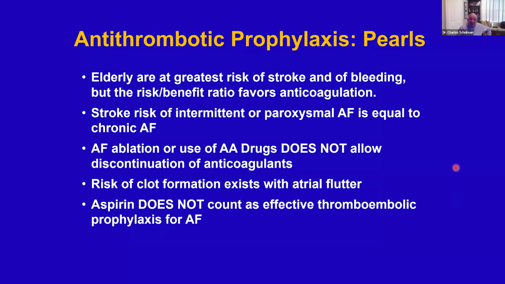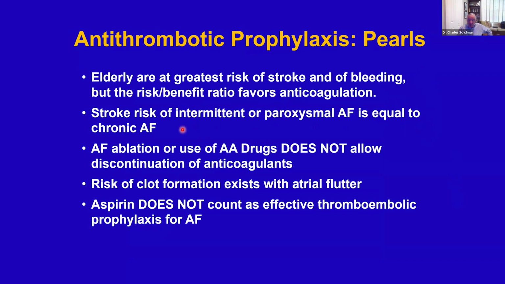A few comments, pearls about antithrombotic prophylaxis. The elderly are at greatest risk of both stroke and bleeding, but the risk-benefit ratio clearly favors anticoagulation. The stroke risk of intermittent or paroxysmal AFib is the same as chronic AFib.